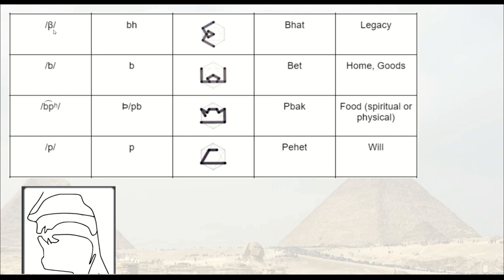Similar thing here, but now it's voiced, so it's v, and this means legacy. B, meaning home or goods. P, meaning food, which is either spiritual or physical. And then P, meaning will.